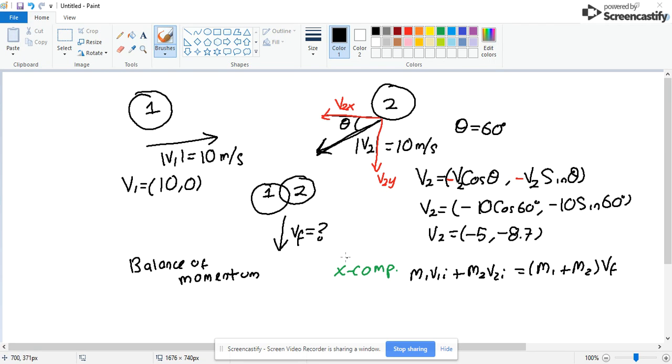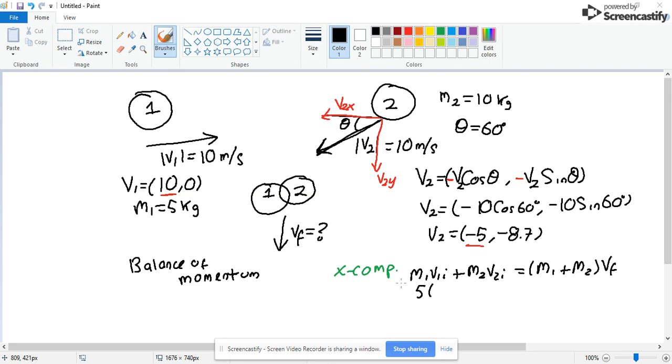Let's substitute. Mass 1 is 5 kilograms and mass 2 is 10 kilograms. So mass 1, 5 kilograms, times V1. Remember that we are focusing now on the x component of the two arrows.